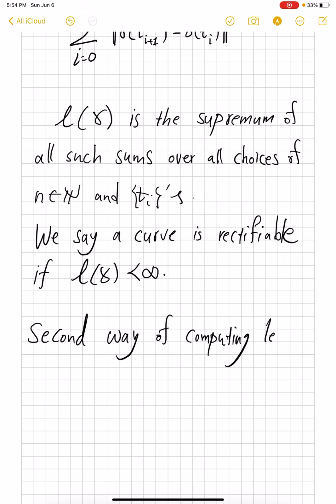Well, here this only applies to more regular curves. For instance, if gamma is C1, that means it has a derivative and that the derivative is continuous.